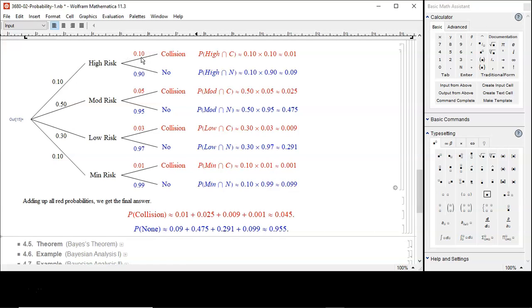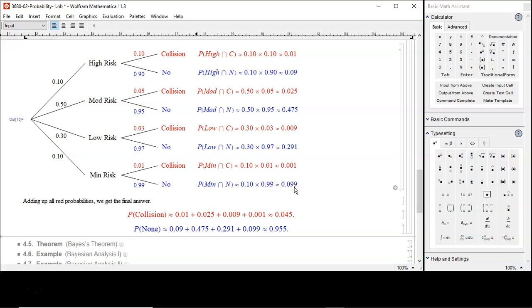So 10% of the time we have a collision for high risk drivers, so the other 90% no collision. For low risk drivers, 3% of collision, and the other 97% no accident, like that. And you can fill out those blue as well, and then multiplication rule, and then you'll have complete tree diagram.